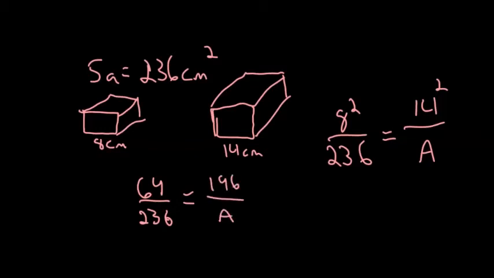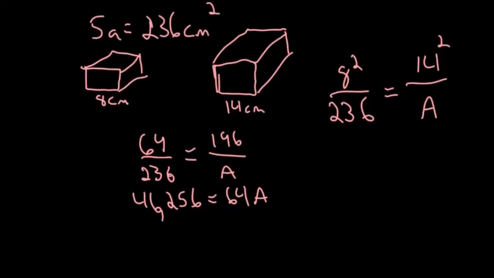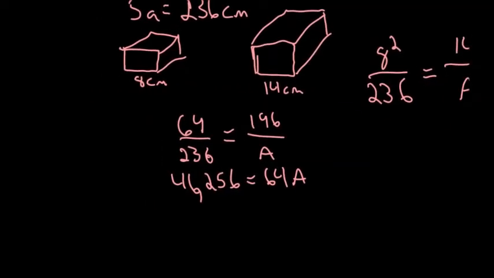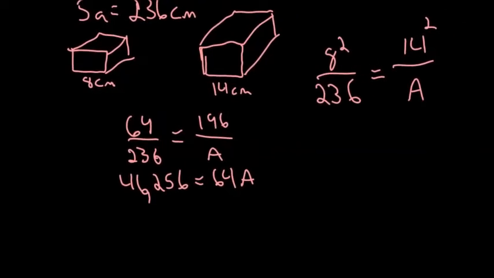over my area. So now I need to cross multiply, so 196 times 236 to get 46,256 equals 64a. So I'm going to divide by 64. Get that set up right.